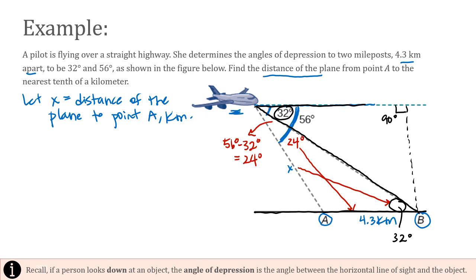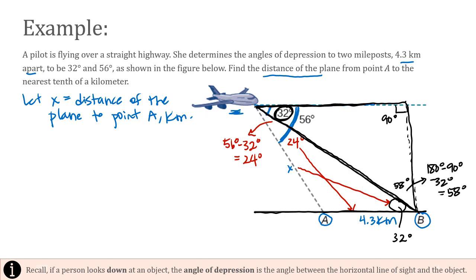Well, inside this triangle, from the plane to point B to that right angle, we now have 90 degrees, we have 32 degrees, which means that the third angle in that triangle would be whatever 180 degrees minus 90 degrees minus 32 degrees is, and that is 58 degrees. So this piece is 58 degrees.